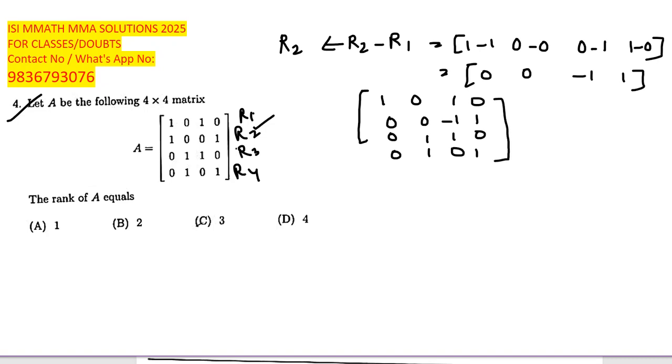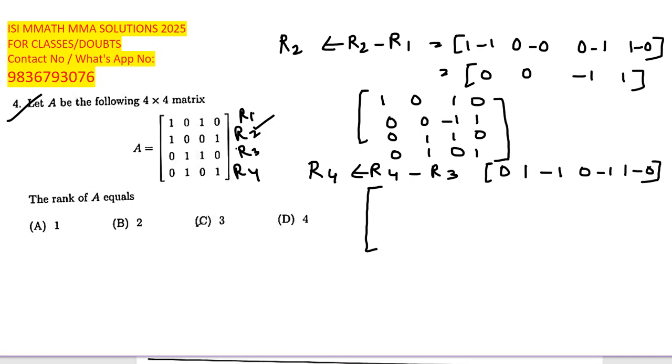Okay. Now we will eliminate the entry in row 4. So the next operation will be R4 minus R3. So then it will become 0, 1 minus 1, 0 minus 1, 1 minus 0. Okay.